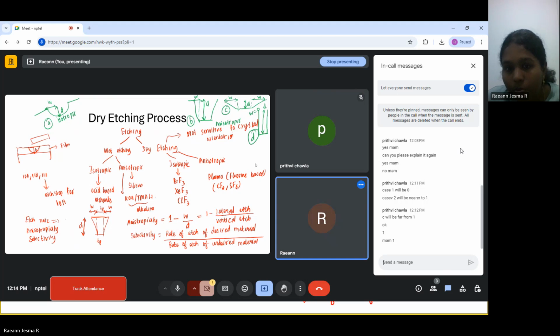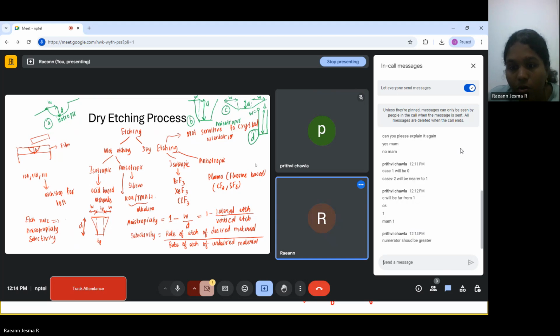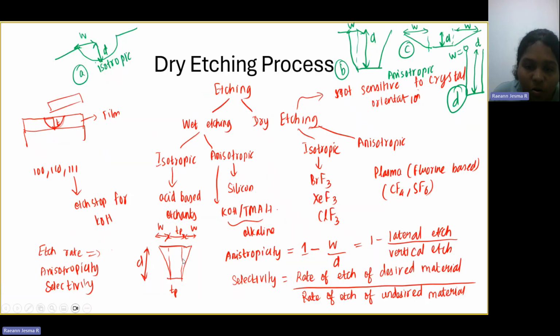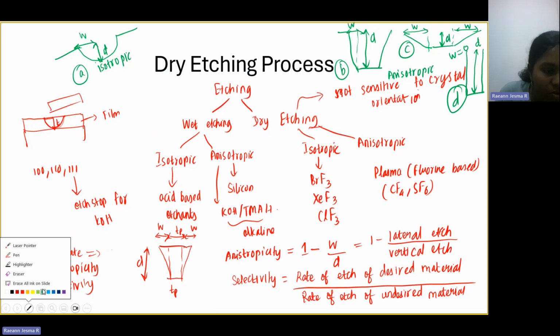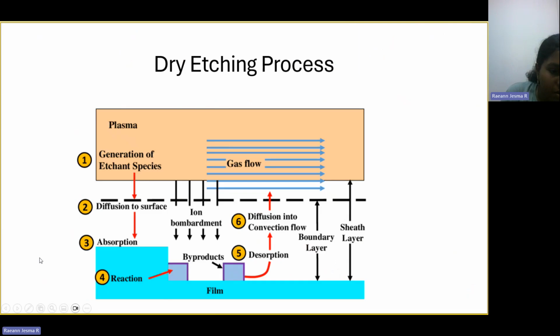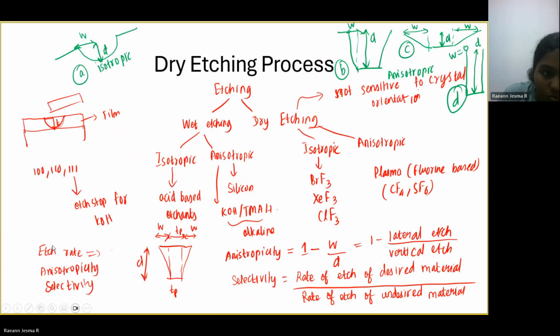One case is we are having SiO2 here, and then we are having silicon here, and then we are having PR on top.